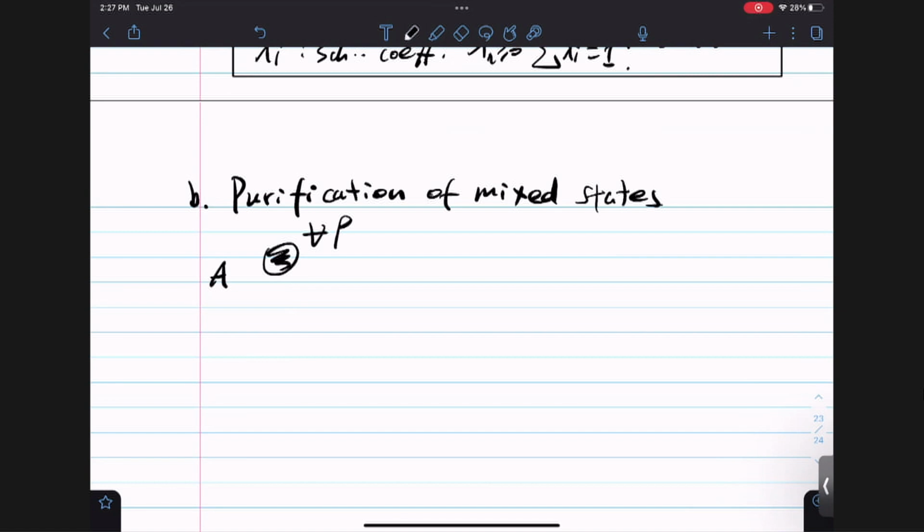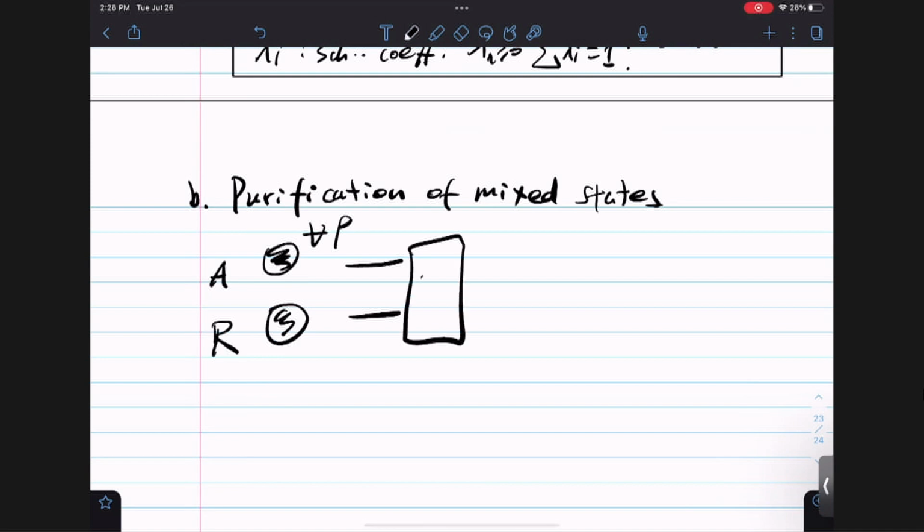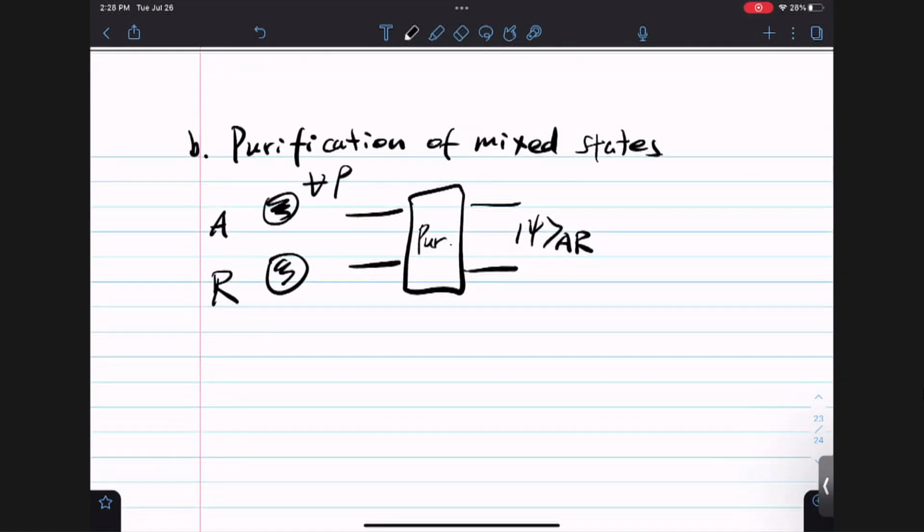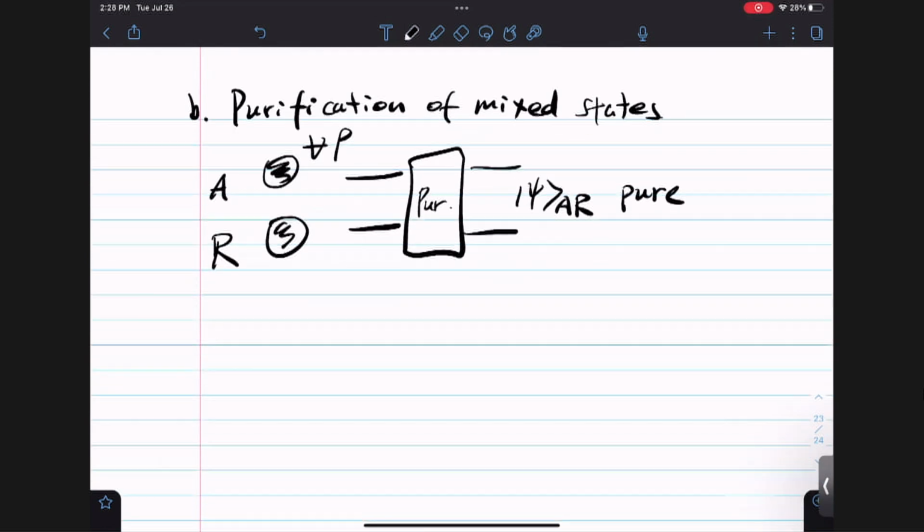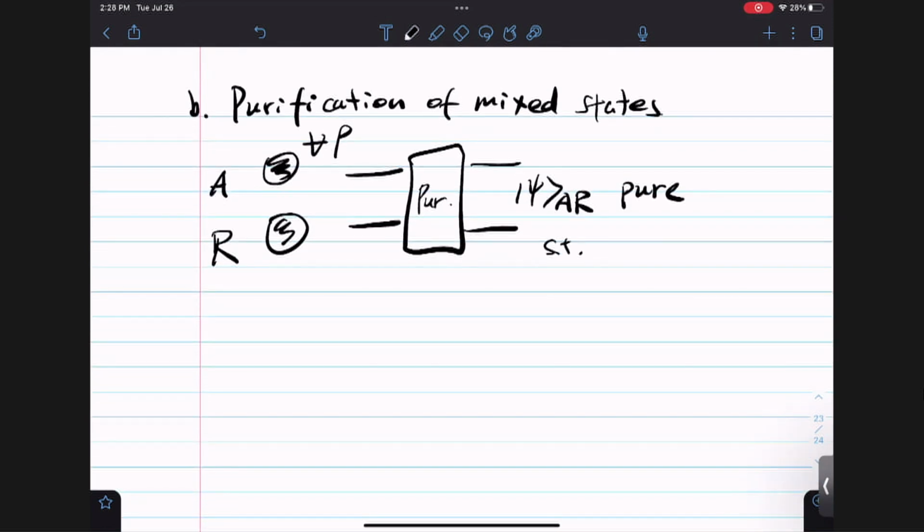It can be pure or mixed in general. And somehow we would love to cook up a pure state out of it. And the way we do it is to introduce a reference system R. And then there's a purification procedure such that the resulting state here, psi AR, is going to be pure. And if we just ignore the reference system, we will recover rho, the original state on system A.